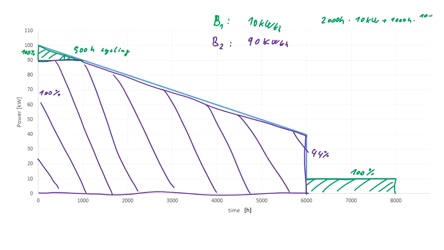We can say 10 plus 0 divided by 2 as the triangle surface.